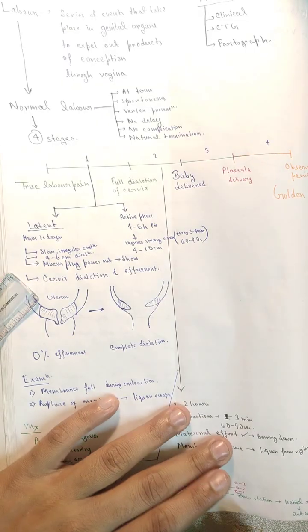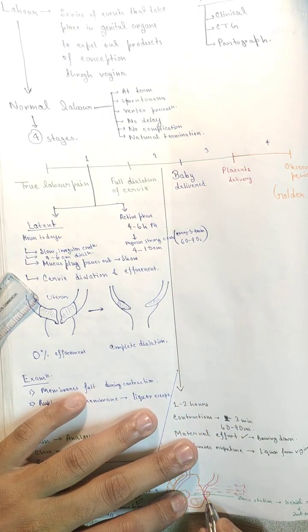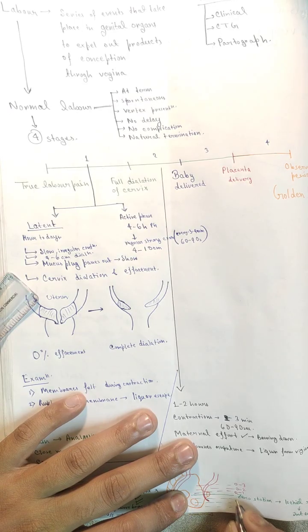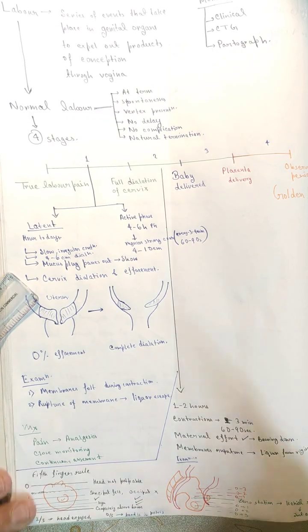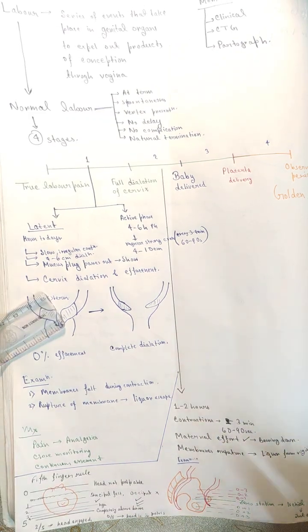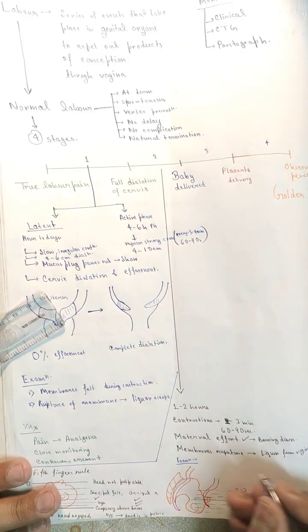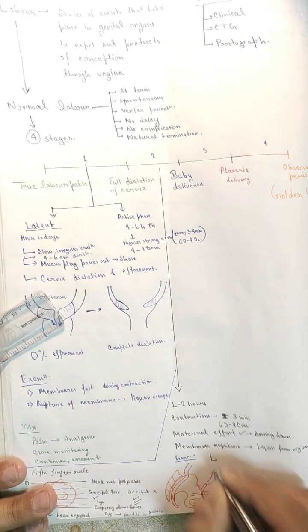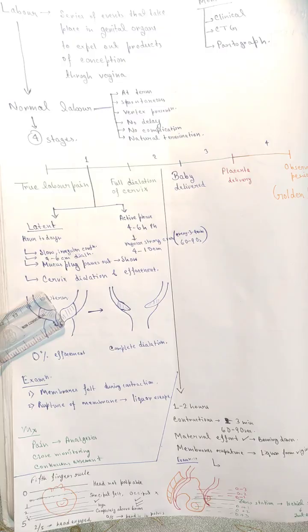Below everything is positive. Zero, plus 1, plus 2, plus 3. Let's talk about what happens in this stage. In this stage, the baby bonds. So let's talk about that part.